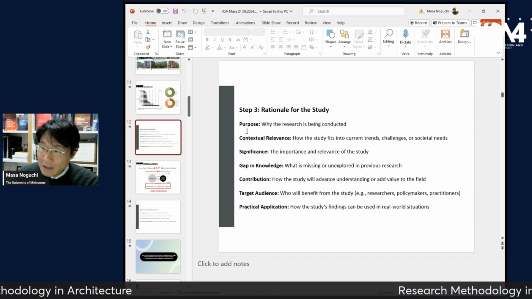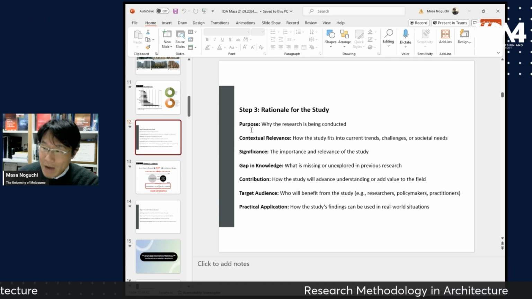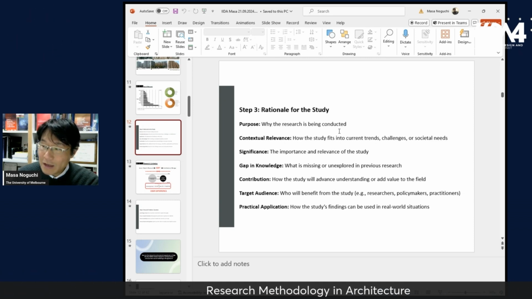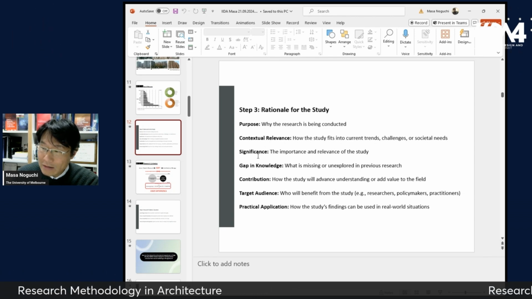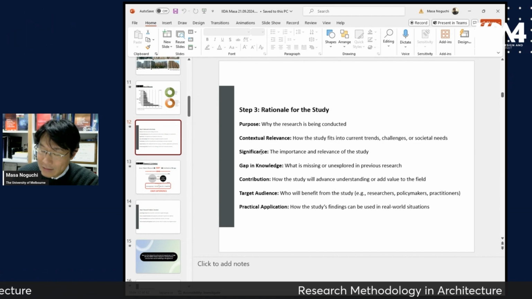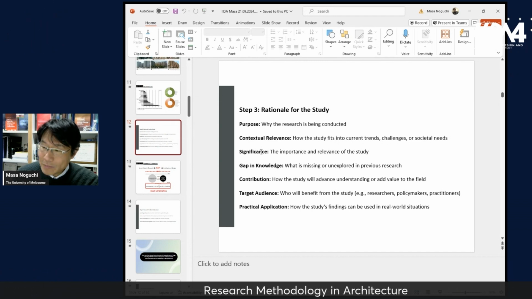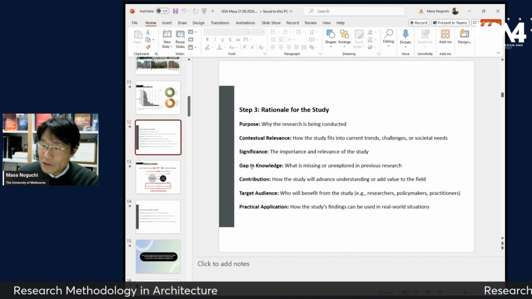It is very important to clarify the purpose, why the study is being conducted, why it is so important. Contextual relevance and significance, and probably you can find some gap between knowledge and reality.